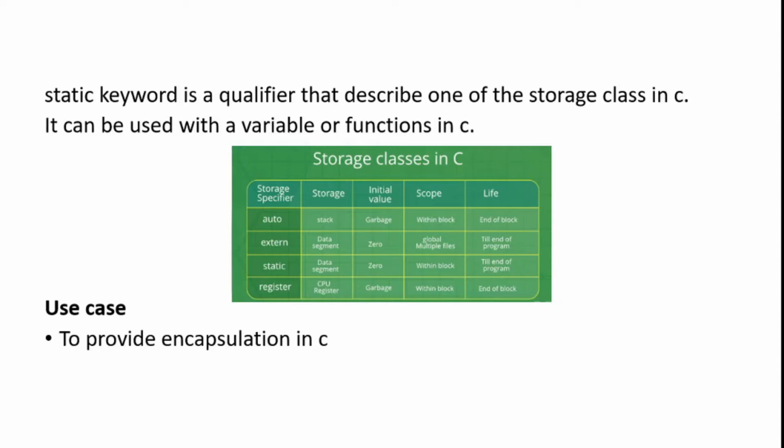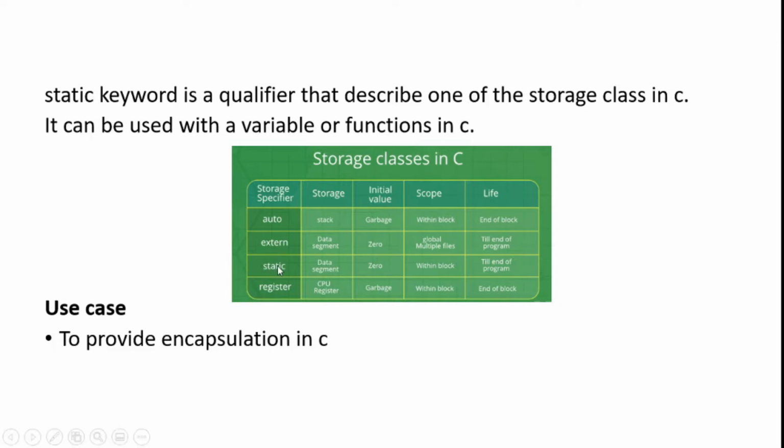Static is one of the storage classes in C, and the static keyword can be used with a variable or function. If it is used with a variable, it tells where the variable will be stored, what the initial value of that variable will be, and what the scope and life of that variable is.